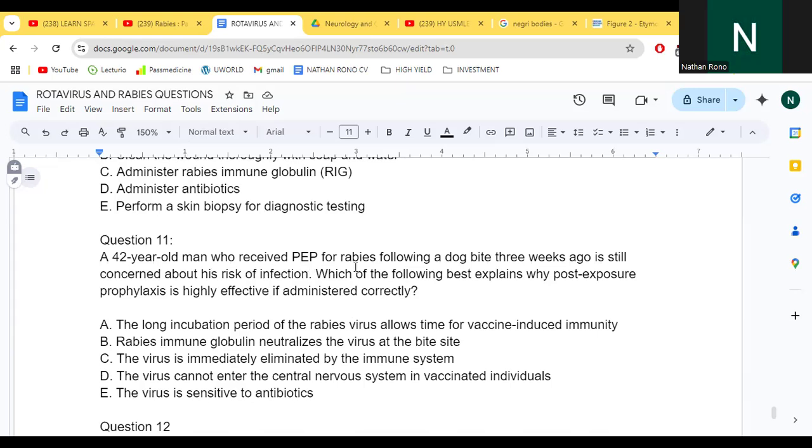A 42-year-old man receives PEP for rabies following a dog bite 3 weeks ago and is still concerned about the risk of infection. Which of the following best explains why post-exposure prophylaxis is highly effective if administered correctly? Yes, I think I had mentioned this.